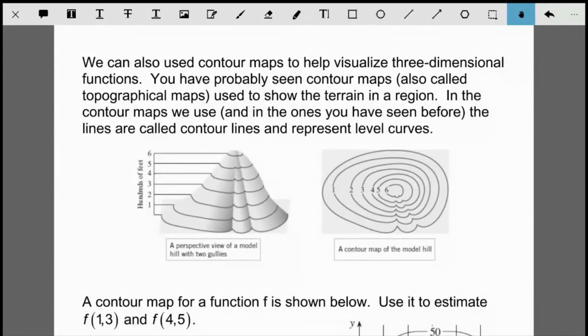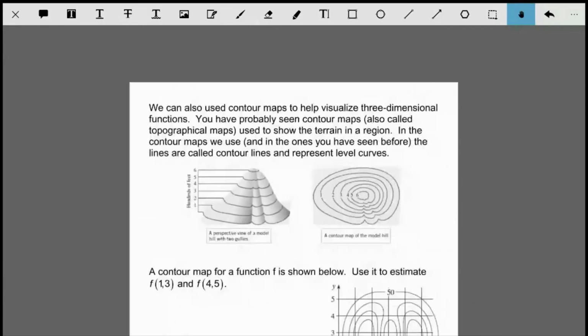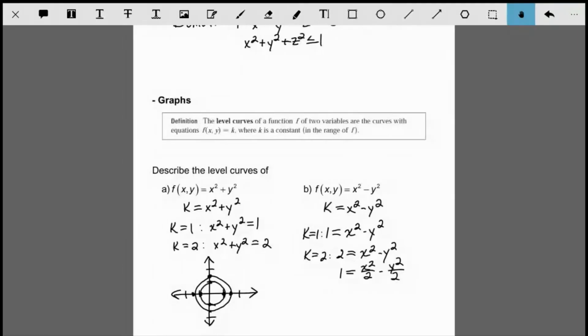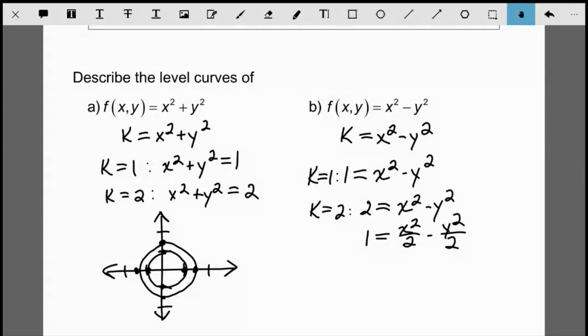Okay, so the last thing that I want to talk about here is what we call a contour map, also sometimes referred to as a topographical map. So when we talk about a contour map, essentially what we're doing is we're looking at those level curves from above. So remember on that problem a little bit earlier, I sketched out these level curves. And essentially what we were doing was looking at the paraboloid from above.